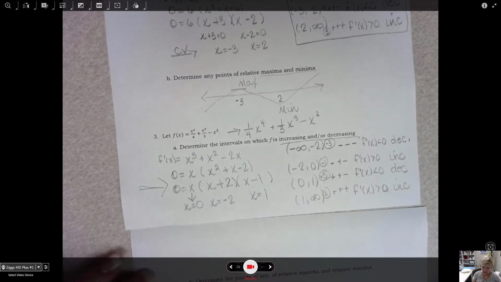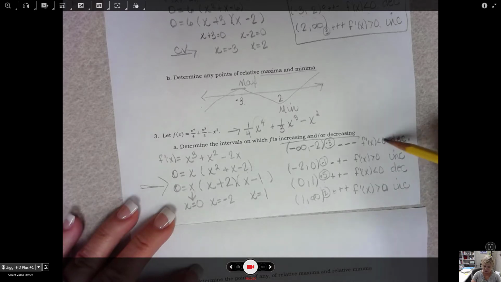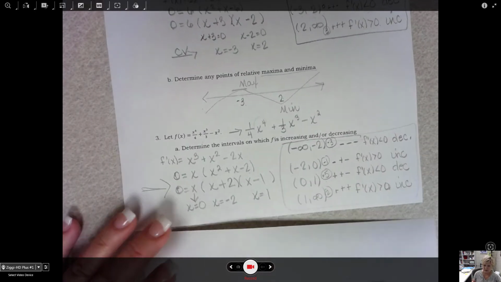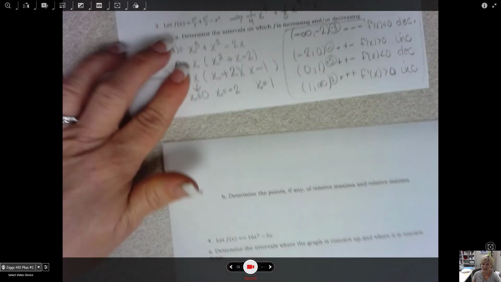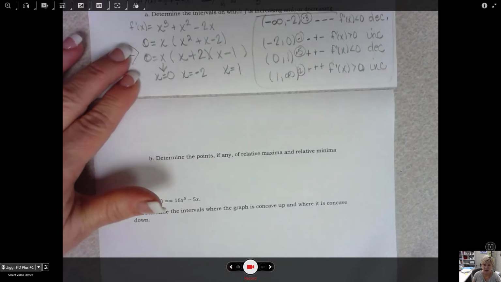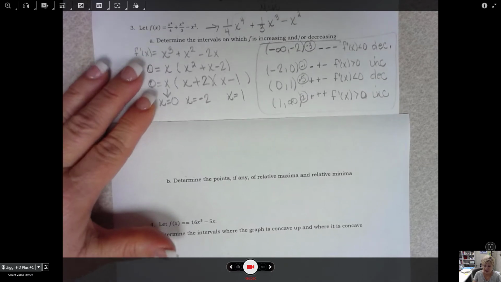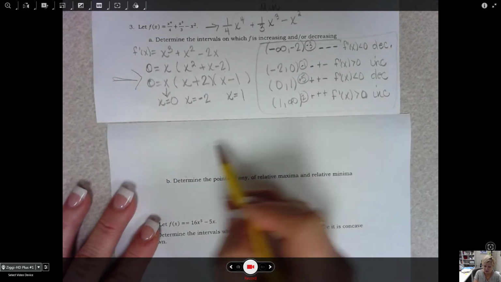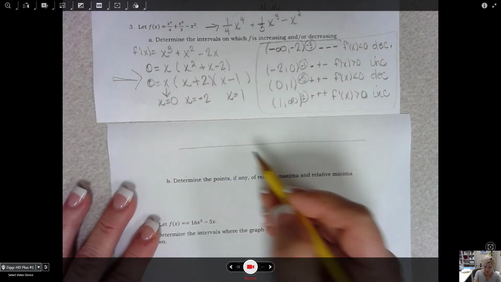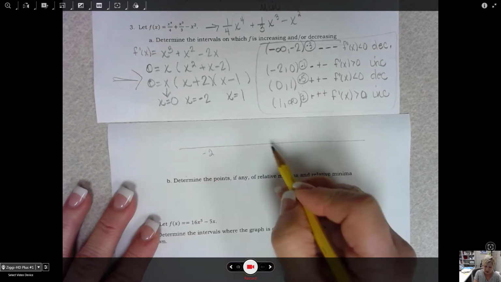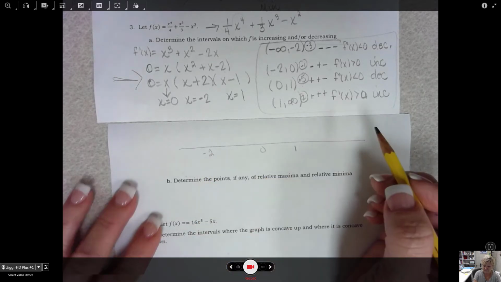And what are we supposed to find out by that? We've answered part A. Determine points of relative extrema. They want to know, do I have max and mins? So my critical values, negative 2, 0, and 1.